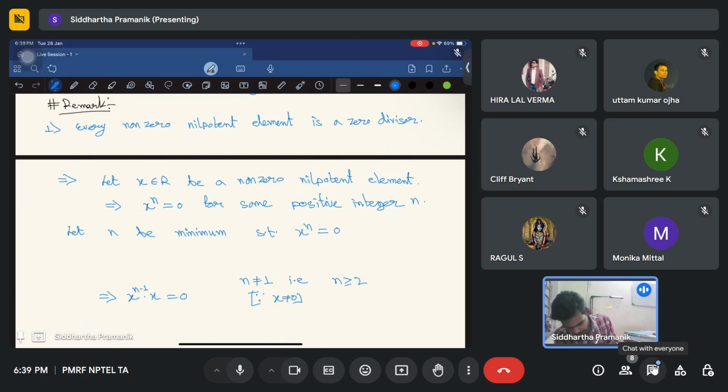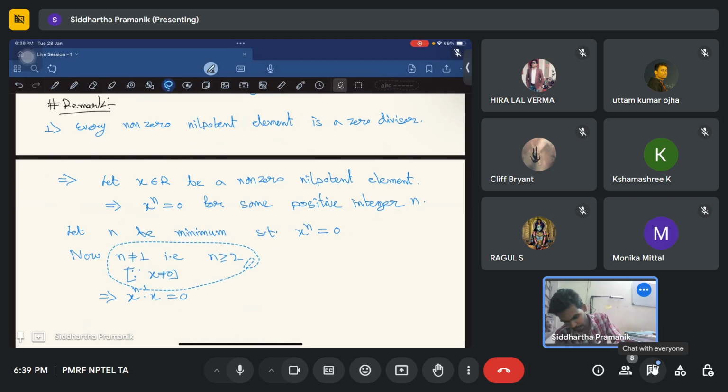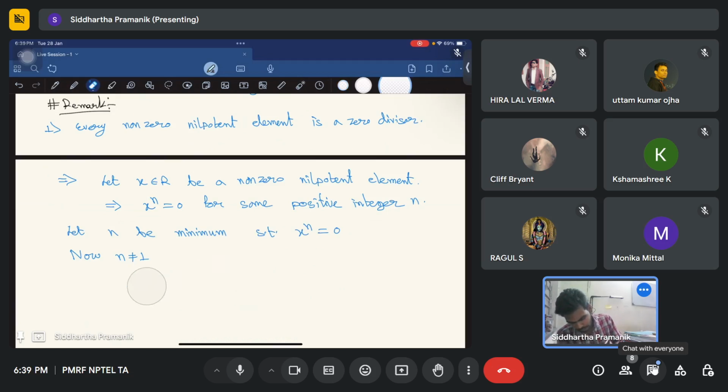So now n is not equal to 1 because x is non-zero, so that means n is at least 2.